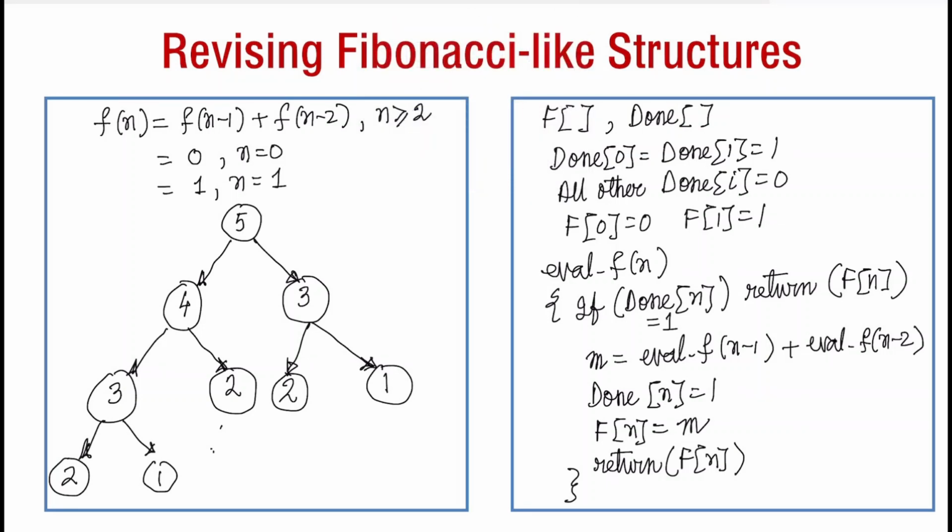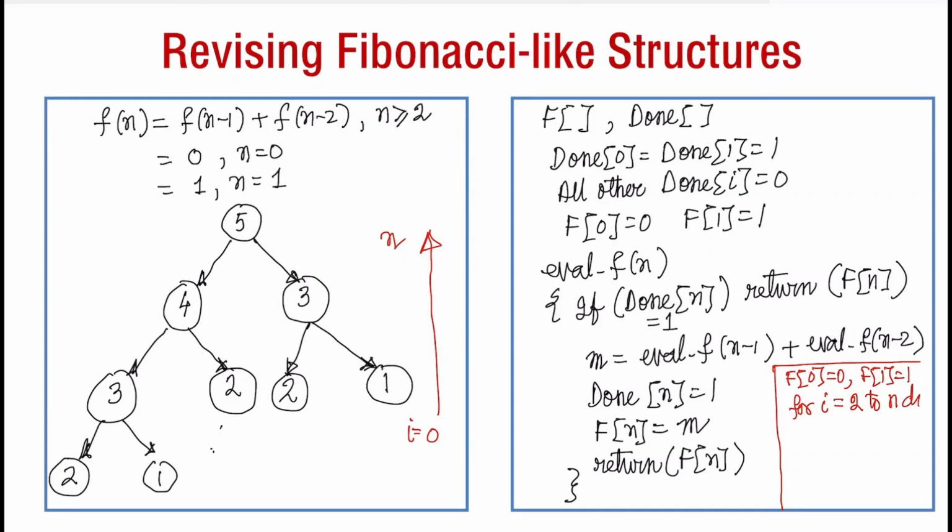We also know that we can compute it bottom up like this, from i equal to 0 to i equal to n, and we can get a simple iterative algorithm where after having done the initialization steps, so we have done f0 equal to 0, f1 equal to 1, and then for i equal to 2 to n, do fi is equal to fi minus 1 plus fi minus 2, and that computes all our computation.